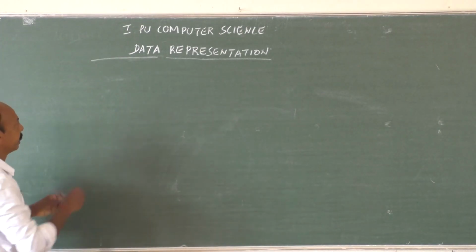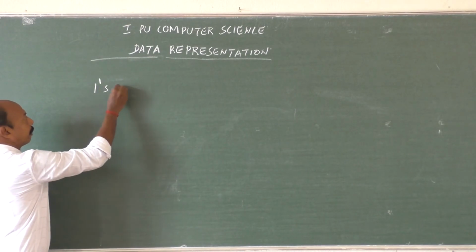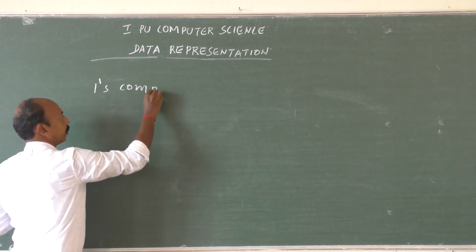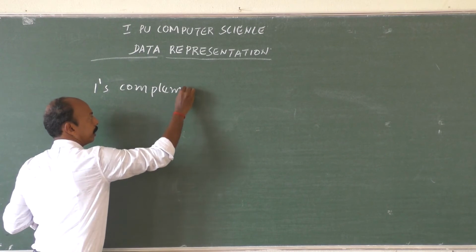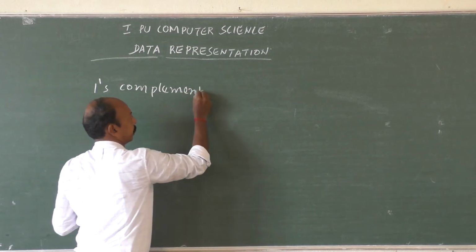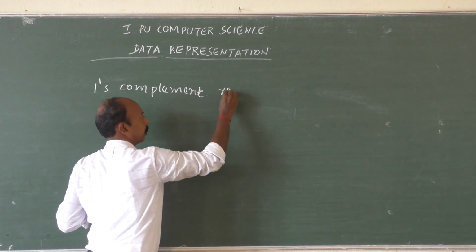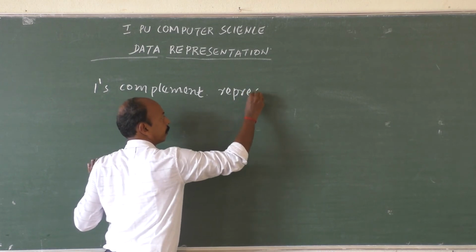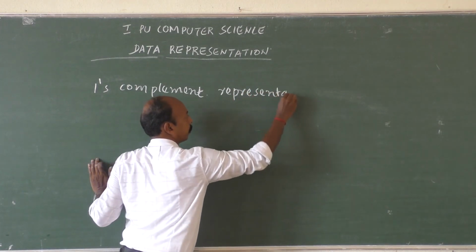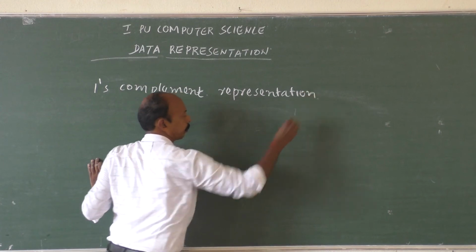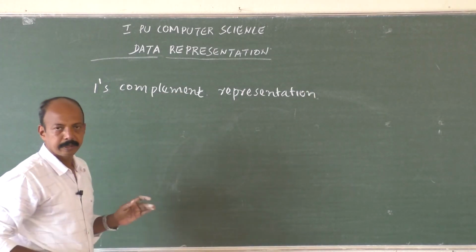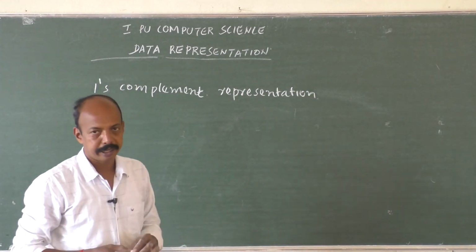The second one is ones complement representation. Any number given to us will be converted to binary.